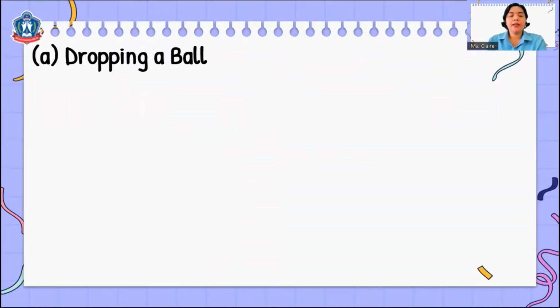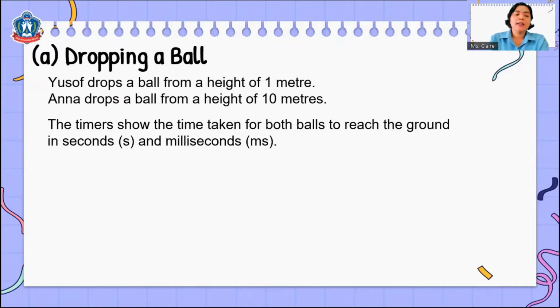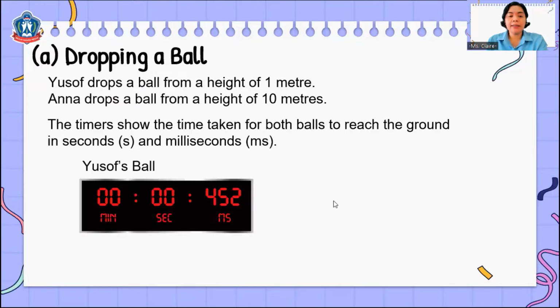Okay, let's continue. Dropping a ball. Yusuf drops a ball from a height of 1 meter. Anna drops a ball from a height of 10 meters. The timer shows the time taken for both balls to reach the ground in seconds and milliseconds. So Yusuf's ball takes only 452 milliseconds.